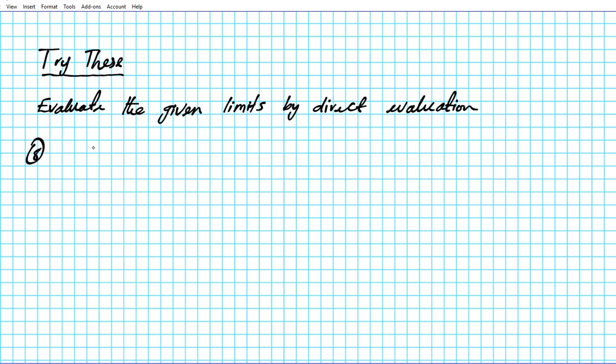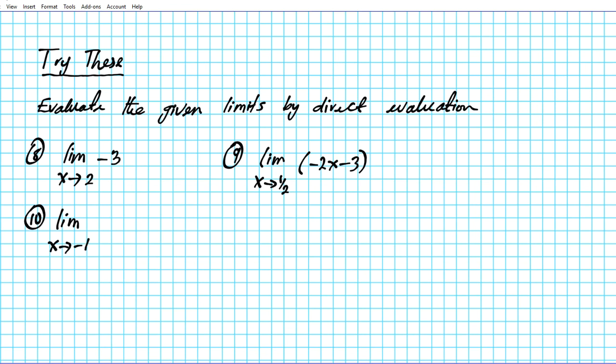Alright, number 8. Let's say you're looking for the limit as x approaches 2 of -3. Number 9. What if you're to find the limit as x approaches 1/2 of -2x minus 3? Number 10. What if you're to find the limit as x approaches -1 of the square root of 2x plus 4? Number 11.